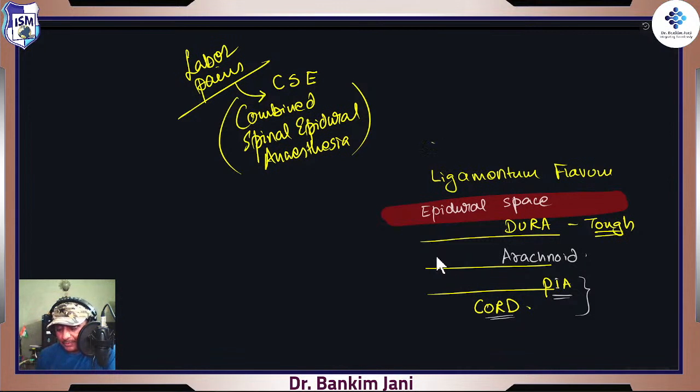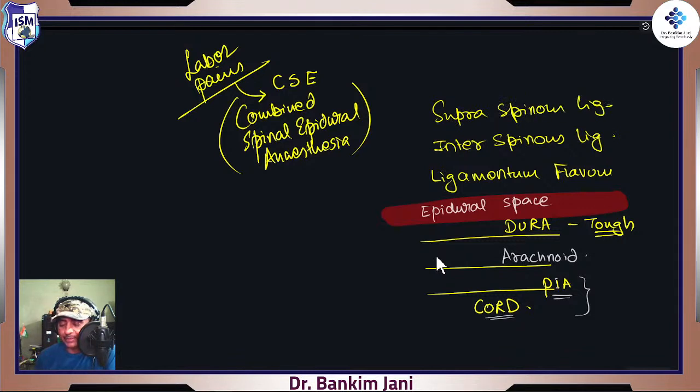Then there would be interspinous ligament. Then there is supraspinous ligament. So these are all spinal ligaments. And after that, there is subcutaneous tissue, and finally the external skin, right?